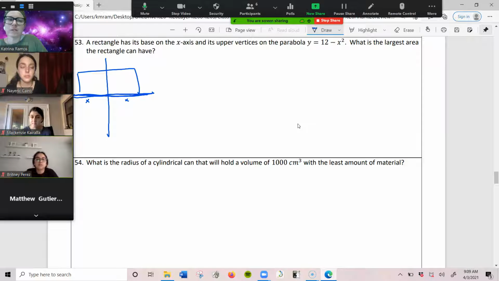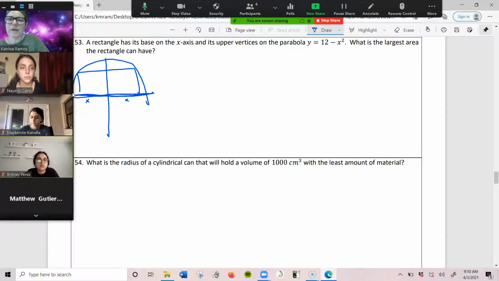Now, when you look at this equation, this is typically not a calculator question, but because the x squared has a negative in front, that means that the parabola is facing down. Is that okay? So it would be like this.